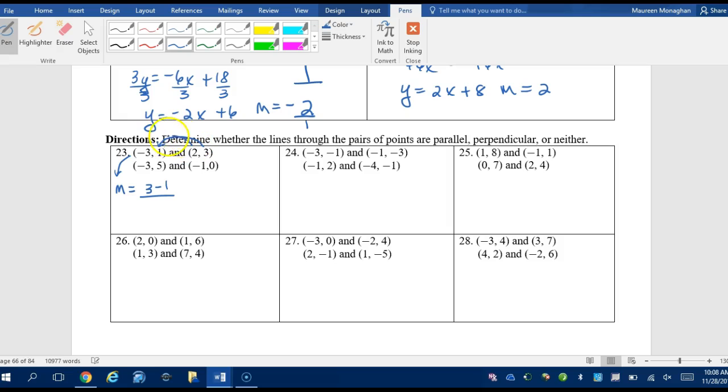Go this way, and then 2 minus a negative 3, so it'd be 2 over 5. All right. Then this one, I shouldn't have written so big. Let's go 0 minus 5 over negative 1 minus a negative 3.